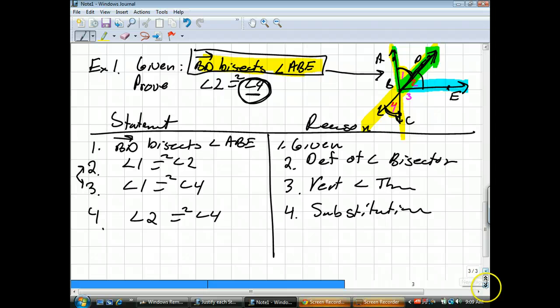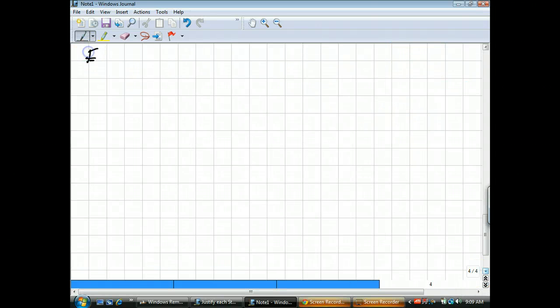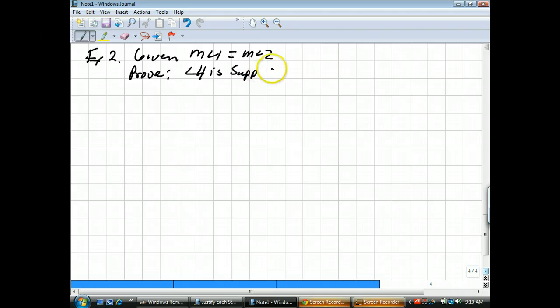Right, let's do example 2. Given measure of angle 1 equals measure of angle 2, I want to prove that angle 4 is supplementary to angle 5.